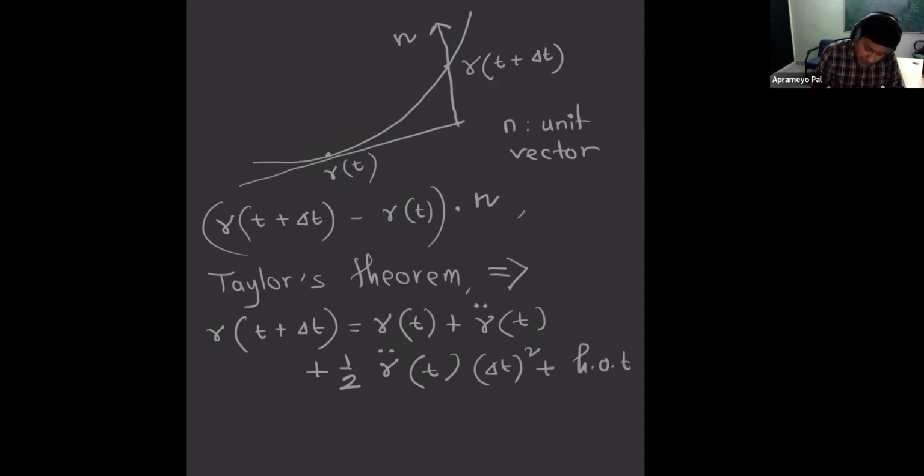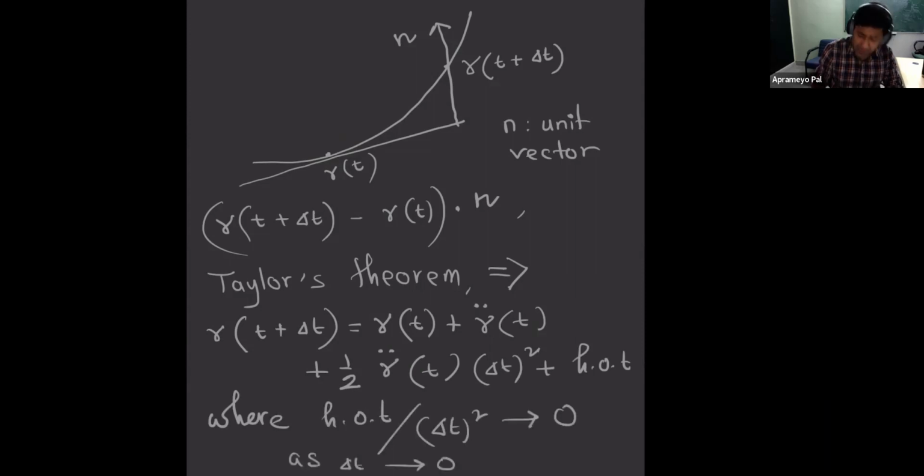Where these higher order terms divided by delta t squared actually goes to 0 as delta t goes to 0. That's the basic Taylor series expansion.